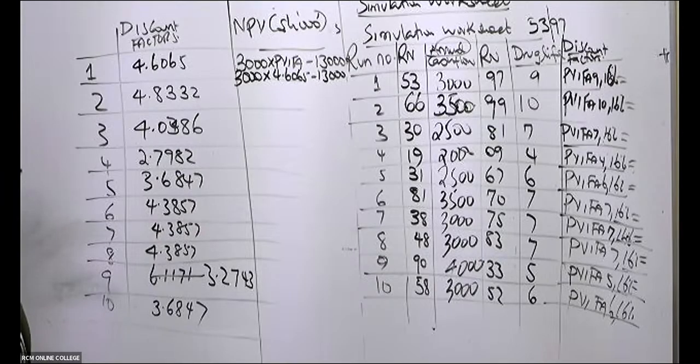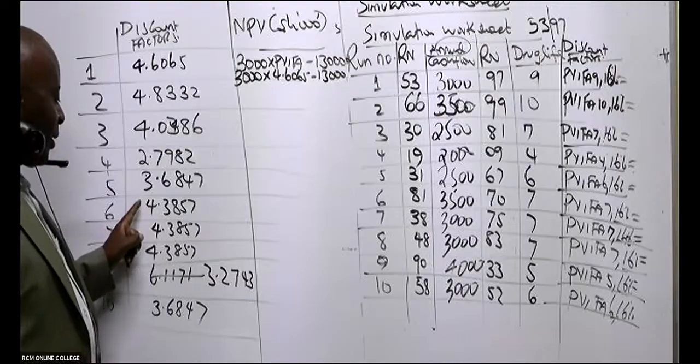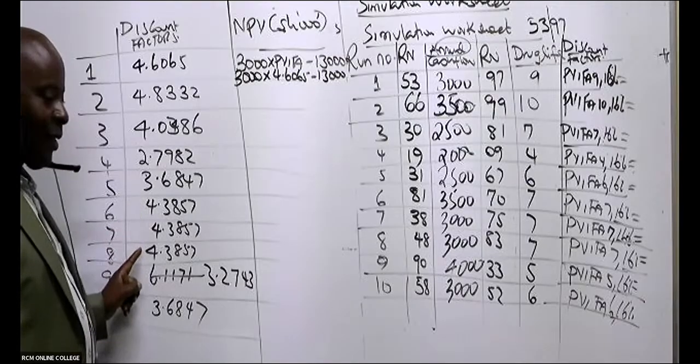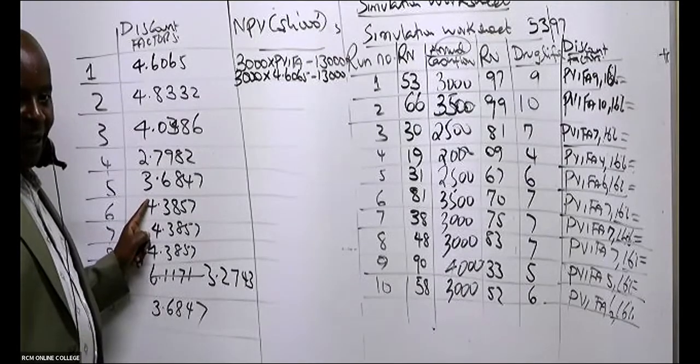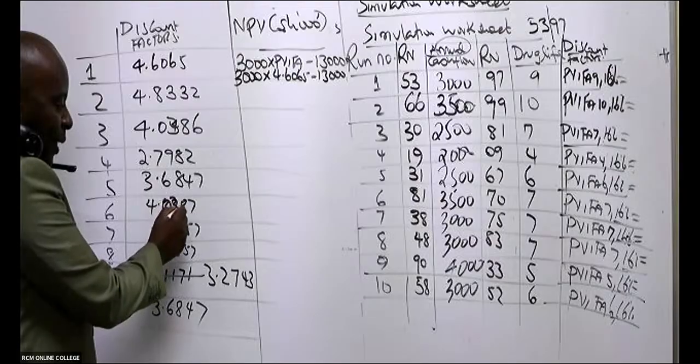Lincoln is insisting that number 6 to 8 is 4.0386. They are saying this figure is not right. Just check again.